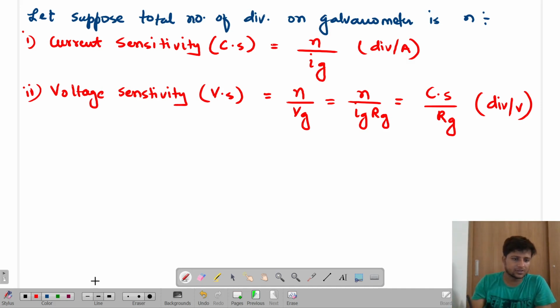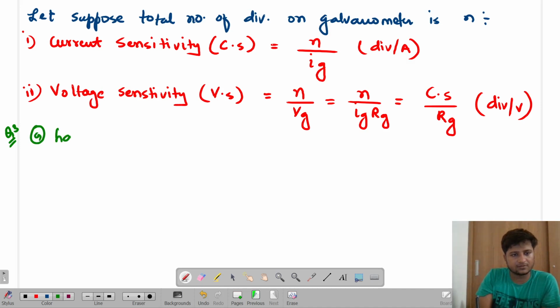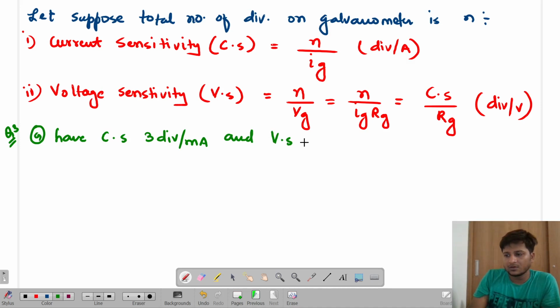Clear or not? So let us do one question based on this. It says that if the galvanometer has current sensitivity 3 divisions per milliampere, and voltage sensitivity 12 divisions per millivolt, and the number of divisions is given as 60 divisions, right or not?